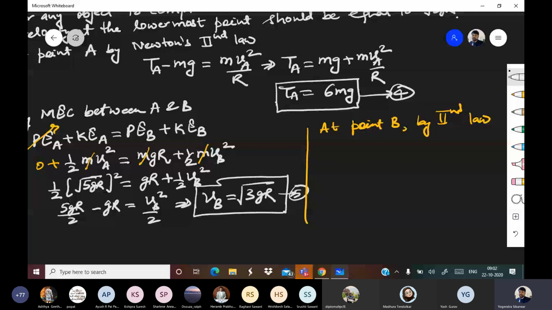I said that the object is completing the vertical circle, and you need to find how much is VB and TB. That means velocity at B and tension at B. That was the question.